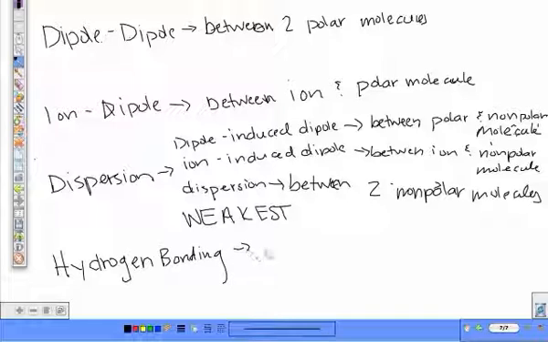Okay, and then hydrogen bonding is between the hydrogen of one molecule and the nitrogen, oxygen, fluorine of the other molecule. So the hydrogen's on one molecule, the nitrogen, oxygen, fluorine is on a different molecule.